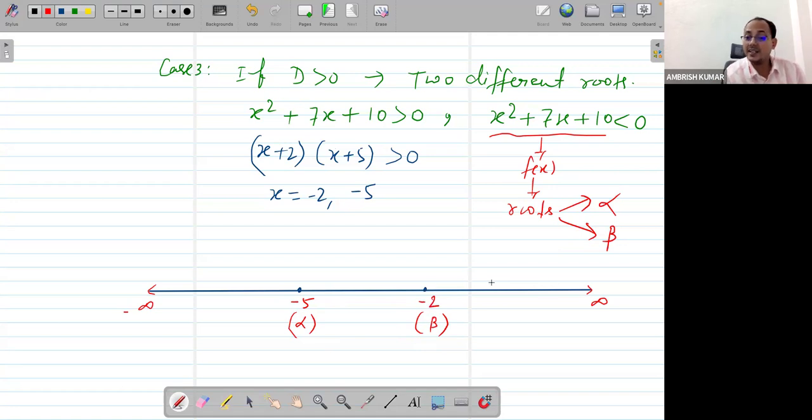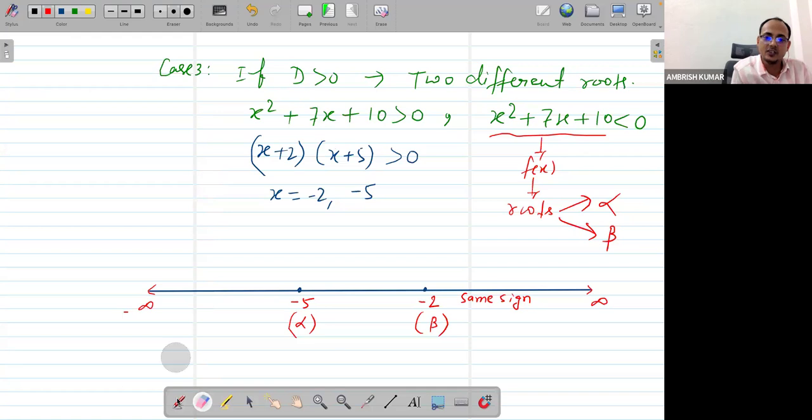Between beta and infinite, you will have to take the same sign as of A. I tell you same sign, I don't tell you it has to be always positive. Most of the examples we are taking where A is positive, but A can be negative also. In that case, A becomes -1, it has a negative sign, so between -2 and infinite we will have to take negative sign.